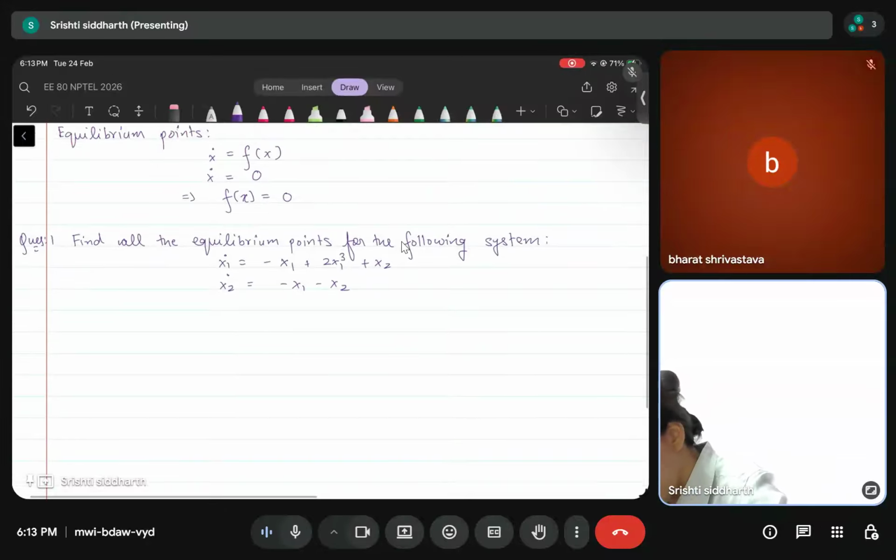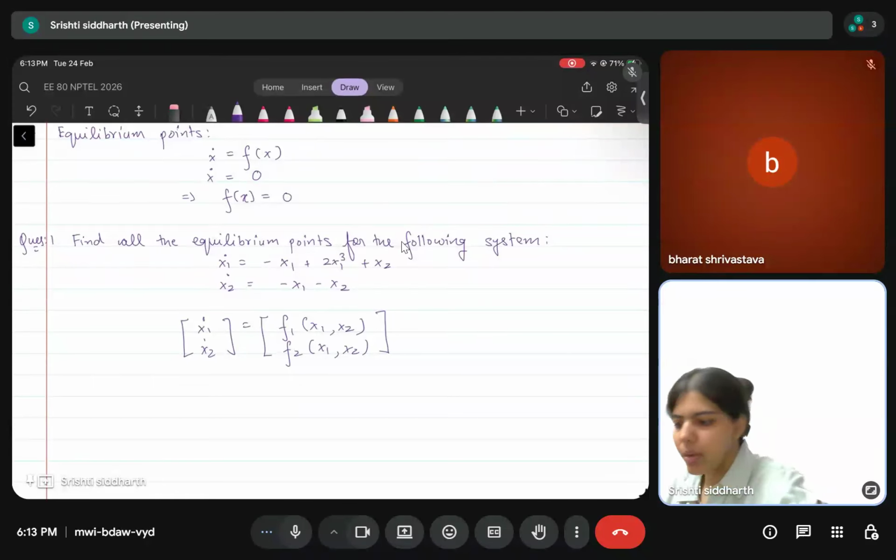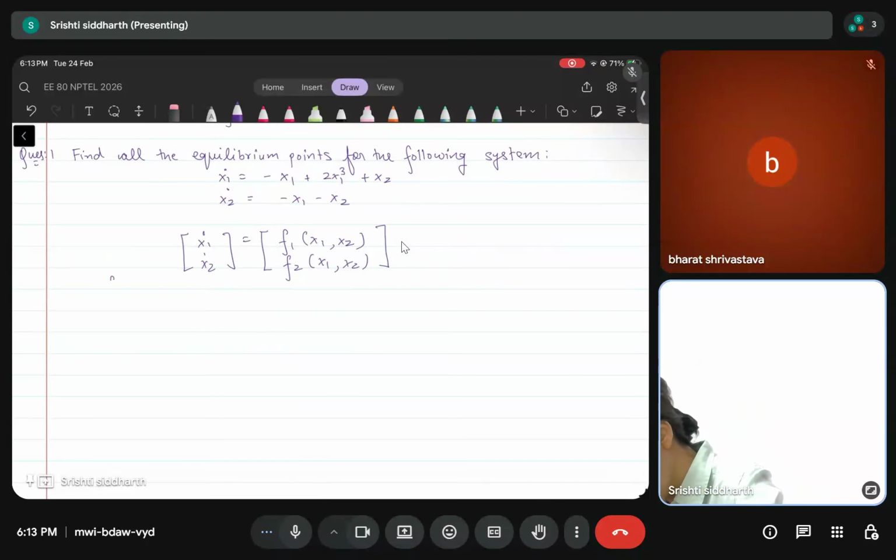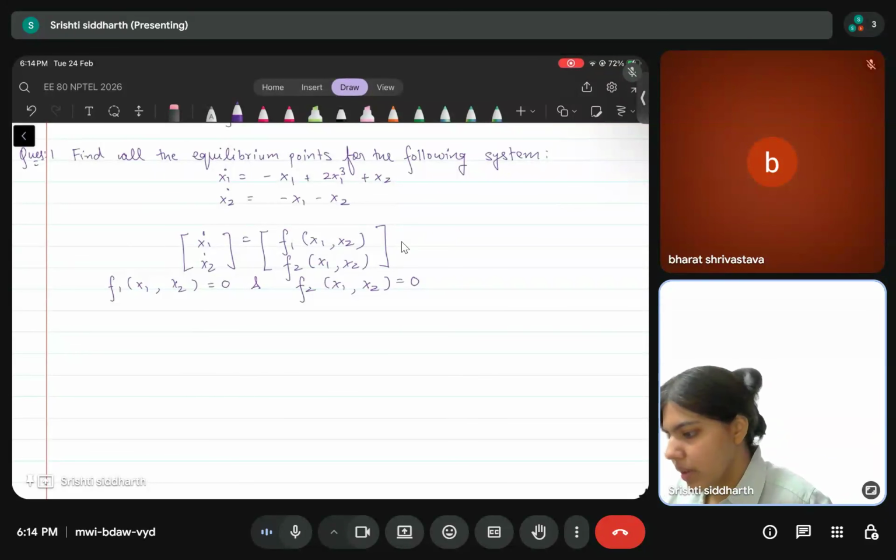So this can be written as x1 dot, x2 dot equals f1 of x1, x2 and f2 of x1, x2. The equilibrium point will be the solution to the equations f1 of x1, x2 equals 0 and f2 of x1, x2 equals 0. Okay, so let's find the solutions. Let's begin with the second function.